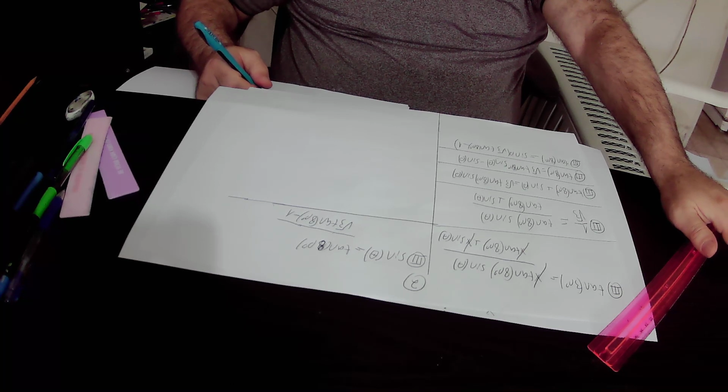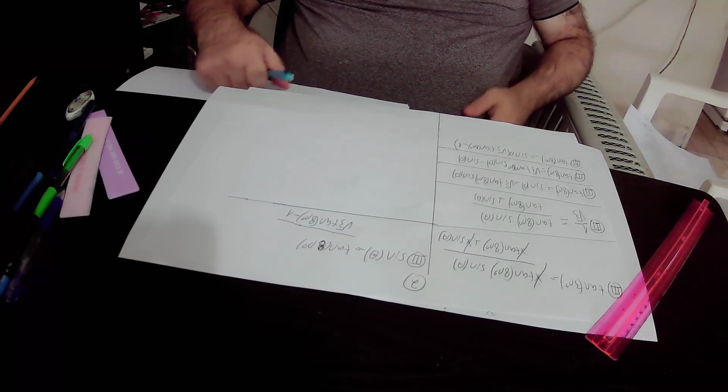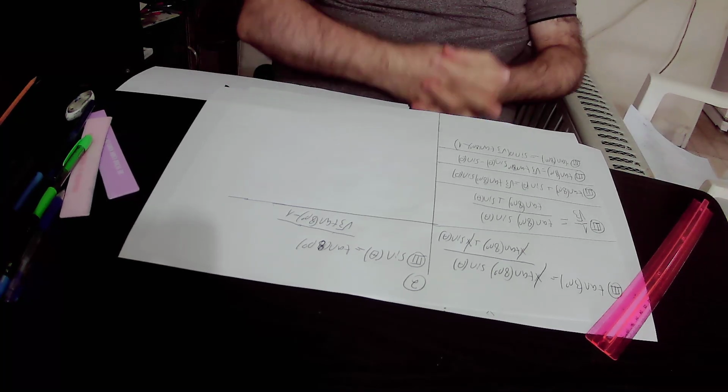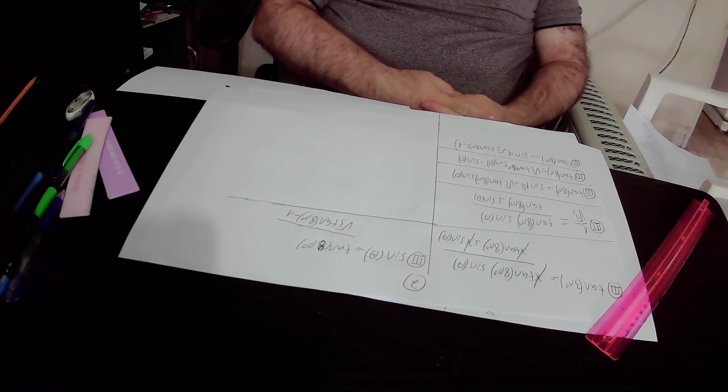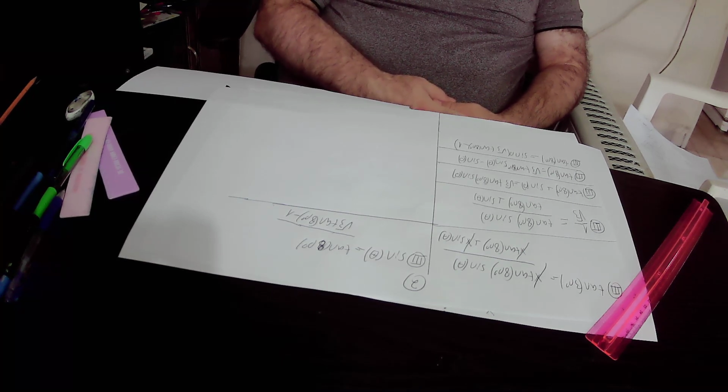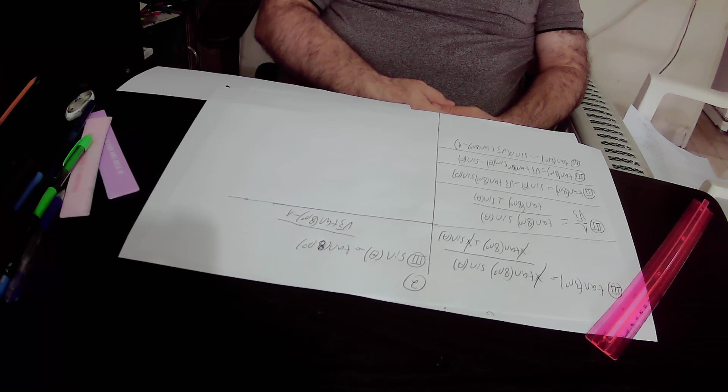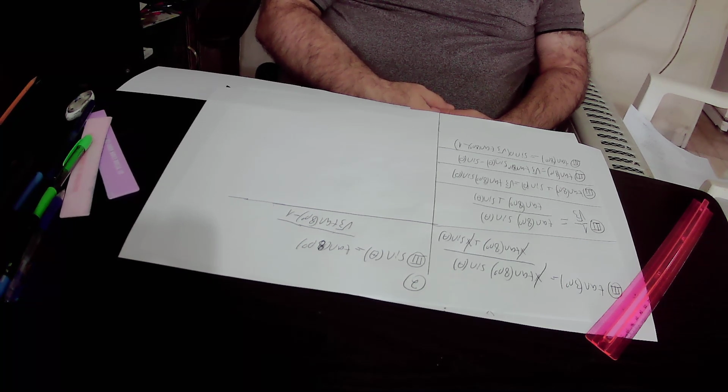So now we know that tangent 80 degrees equals sine 80 degrees over cosine 80 degrees, so we substitute tangent 80 degrees both in the numerator and in the denominator by sine 80 degrees over cosine 80 degrees.